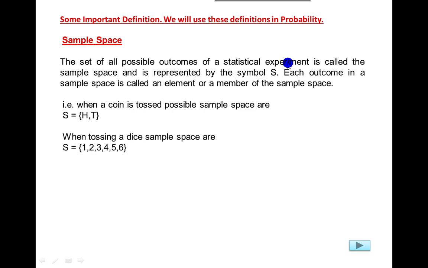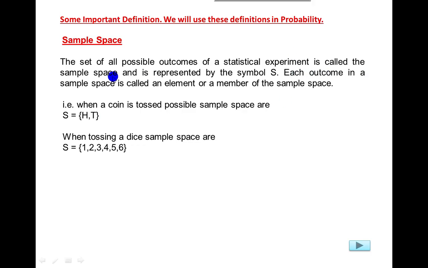You can throw a coin 1 time, 2 times, 3 times, etc. This is called a statistical experiment. Why is this a statistical experiment? In statistics we interpret the data, observations, values. With the help of this experiment, if you throw a coin, we collect the data. The first step of the definition of statistics is the collection of the data. So all possible outcomes, if you throw a coin, are head or tail.